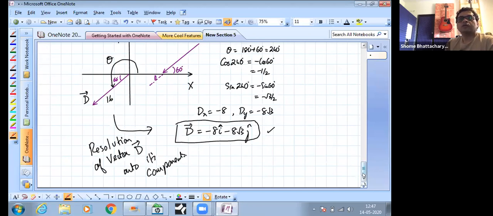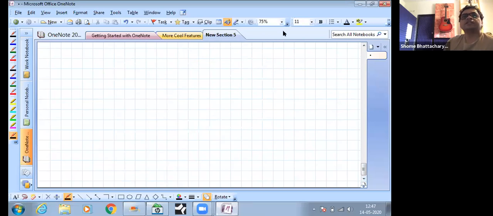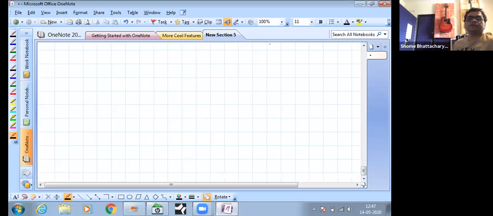Okay, good. So now let us do an example which has the opposite kind of situation. The vectors are given to us in component form, and we have to find the magnitude and the direction.